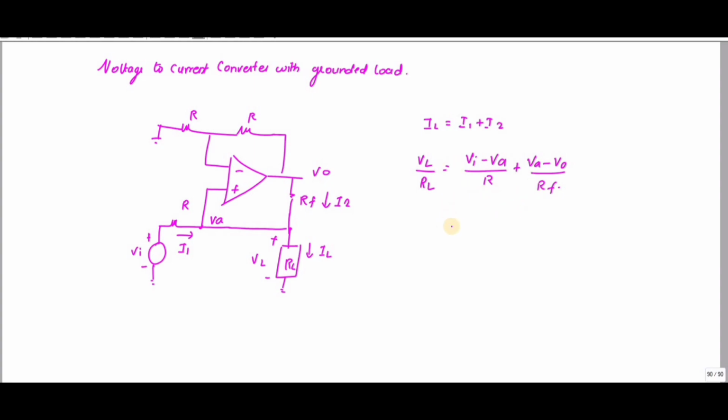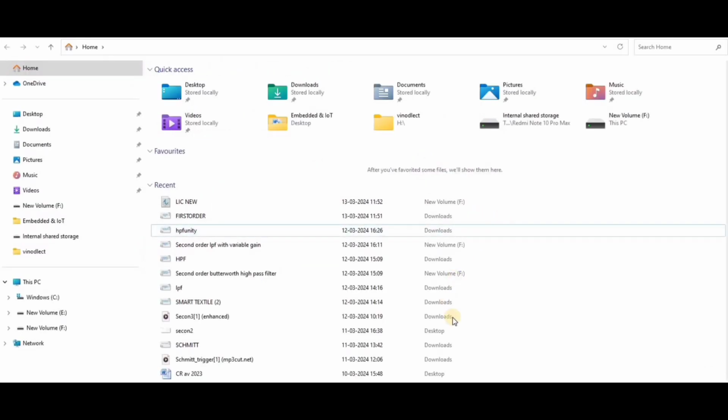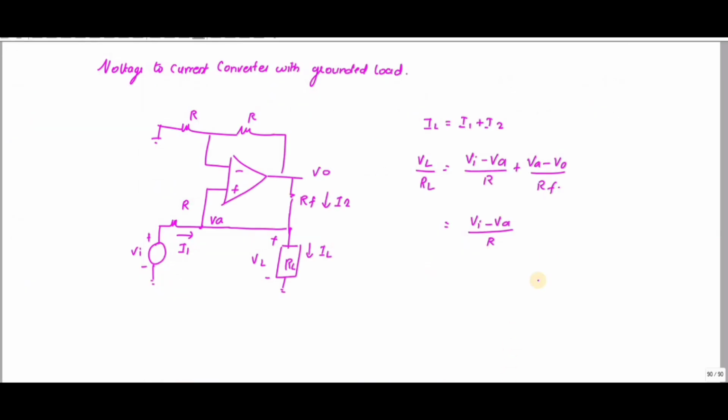So I can write VI minus VA divided by R, plus, since the current flows in this direction, this is also I2. This point is nothing but VA.